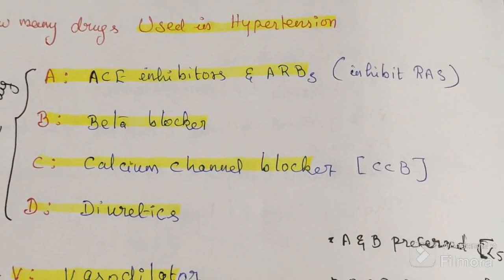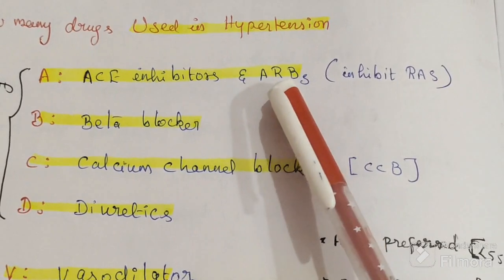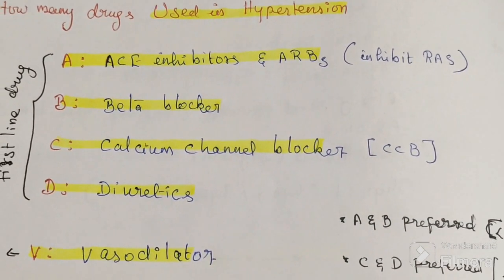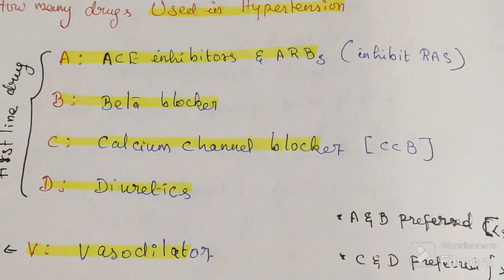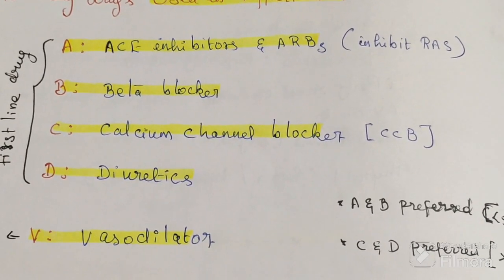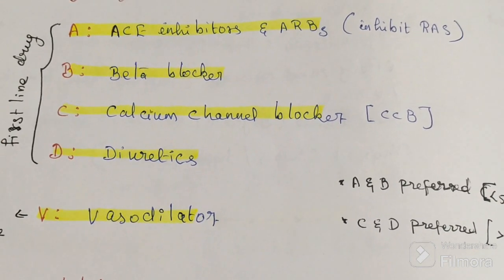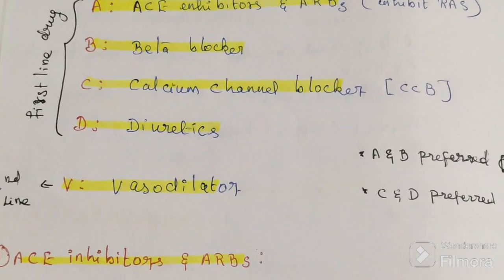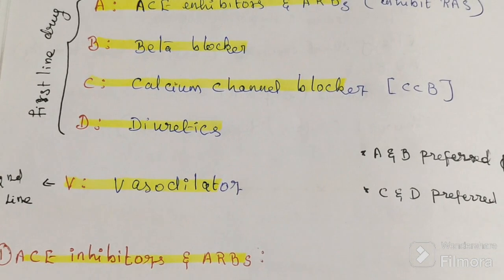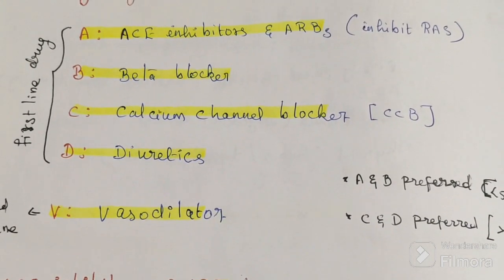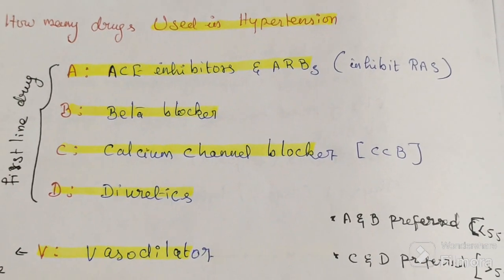So compared to ACE inhibitors, ARBs are the best one. Then B for beta blocker, C for calcium channel blockers, D for diuretics, and the fifth one, vasodilator. So these are the 5 categories of drugs we have.